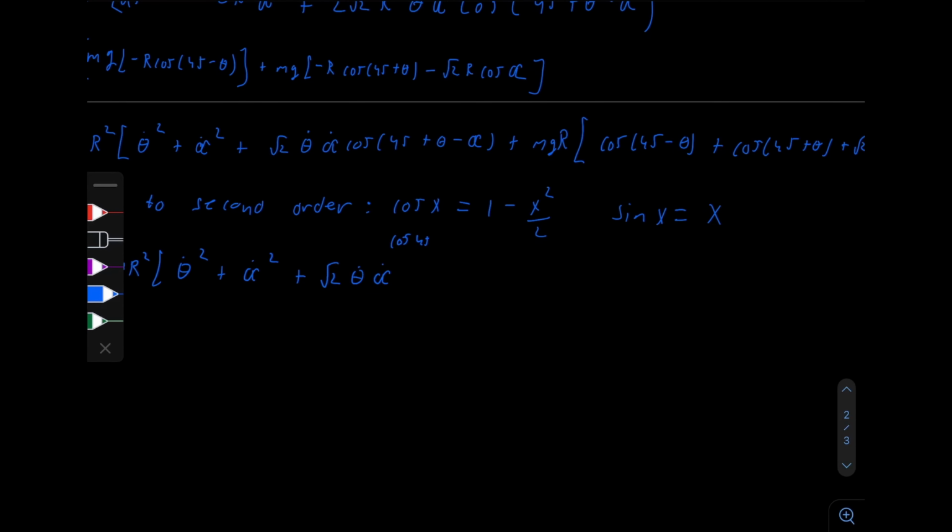Since theta and alpha are going to be so small, they're going to be negligible compared to 45. So this is going to be approximately equal to cosine of 45, which is equal to root 2 over 2, which cancels.